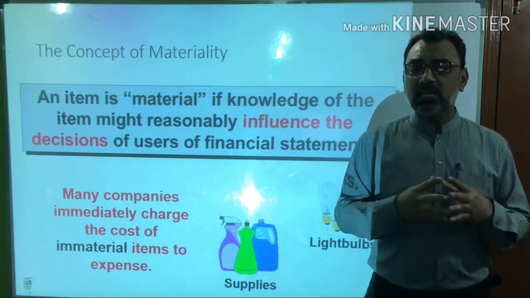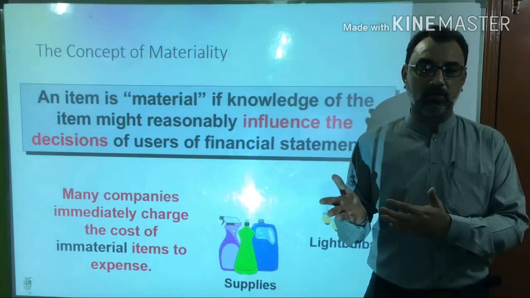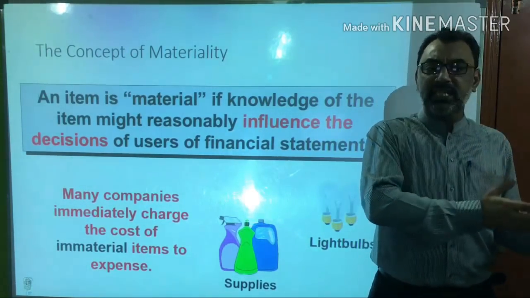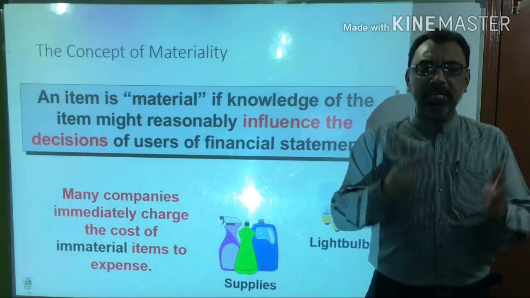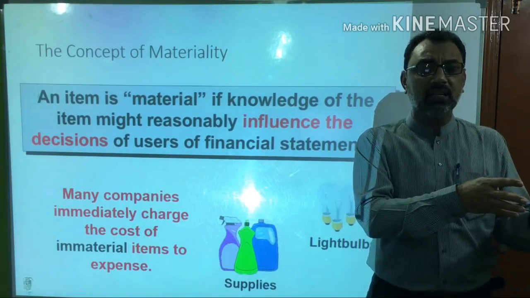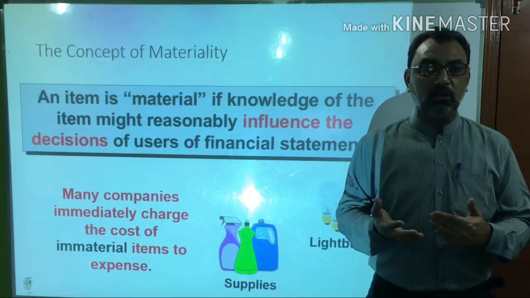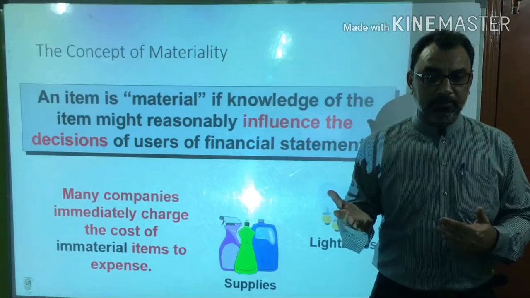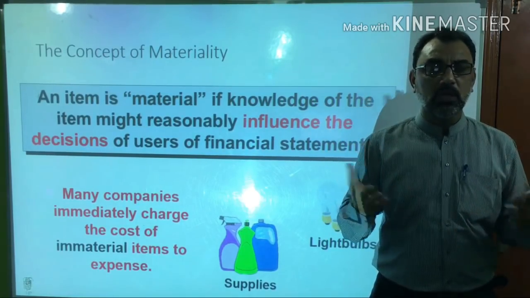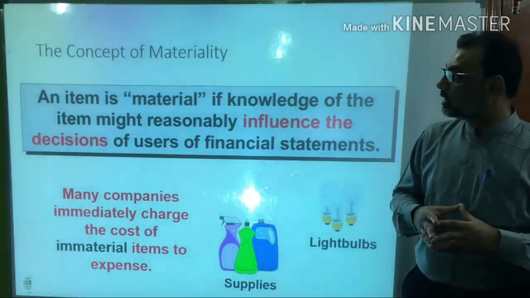The materiality concept permits charging such purchases directly to an expense account rather than bringing them into the asset account and then adjusting them over a period of time, where every accounting period you would need to make an adjustment. So it is better that you just expense it out directly, as you need not capitalize it and then expense it out.